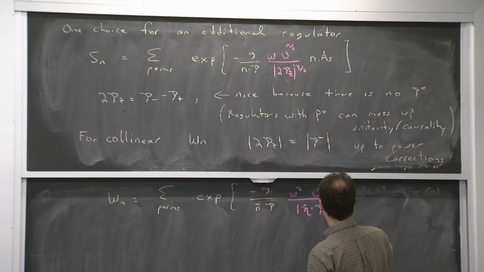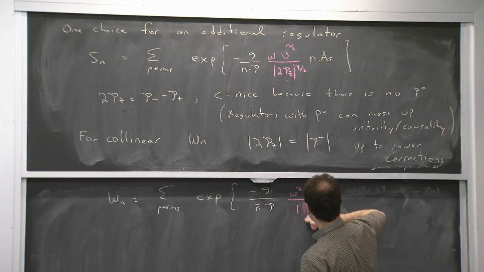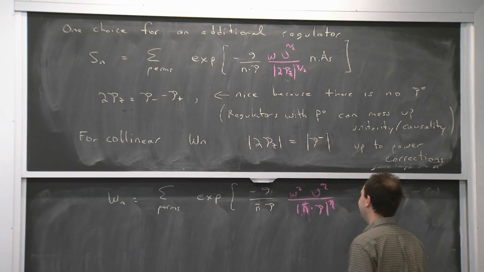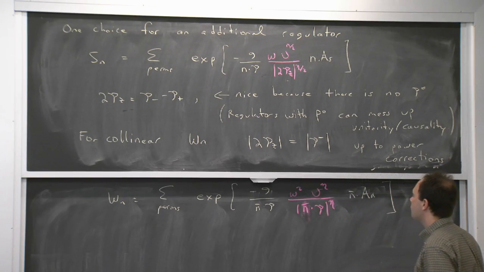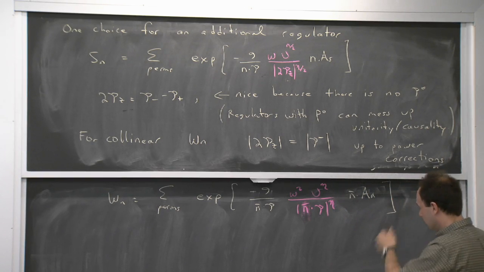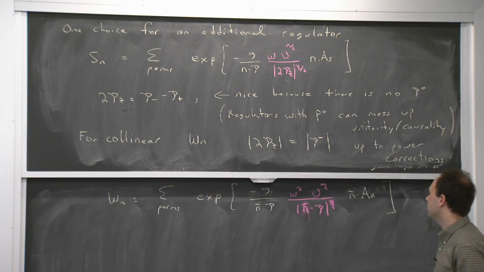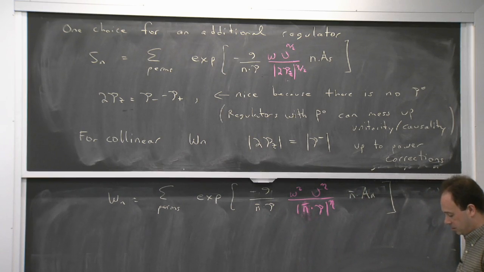Sorry? Not eta bar dot p. No, it's supposed to be an n. Looks like an eta. Too many variables. There's the eta. So there's some factor raising the eikonal propagator, mixing up with the eikonal propagator. In this case, it's even more obvious that it's just regulating that eikonal propagator.